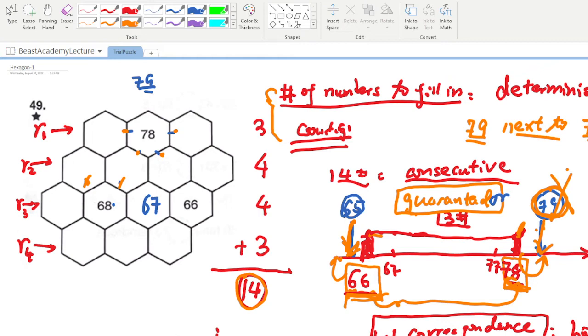So 79 must be next to 78, so you can fill in here, here, here, here, right? And this is the 67, and this is the 69. Okay, if your numbers go 66, 67, 68, 69, then you can go 70, 71.